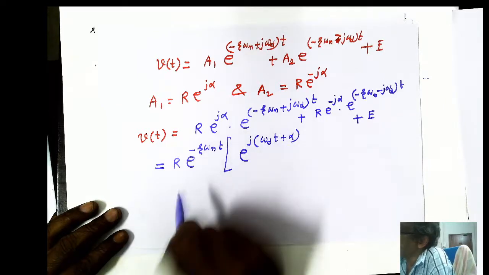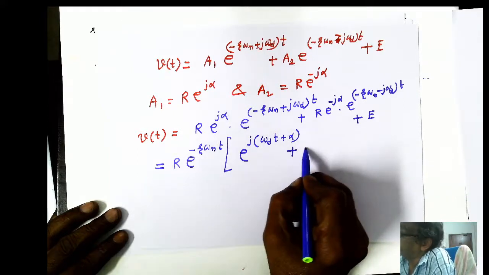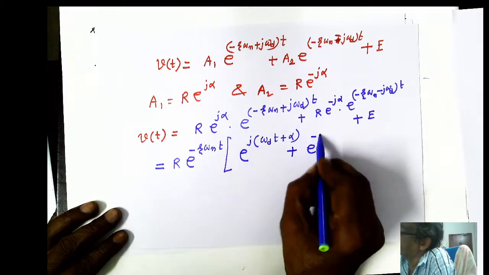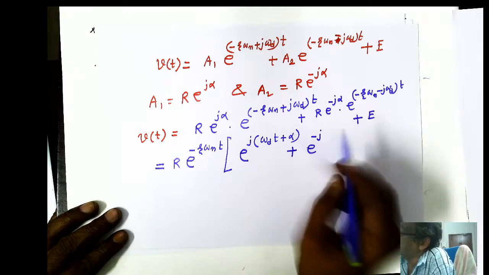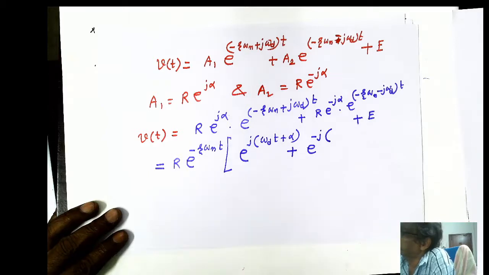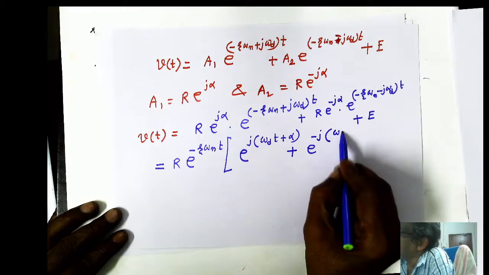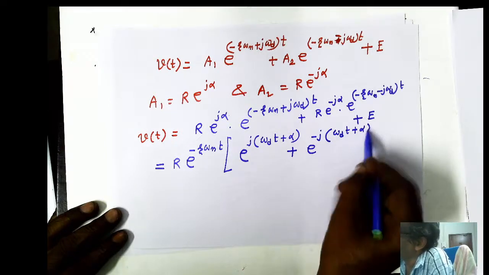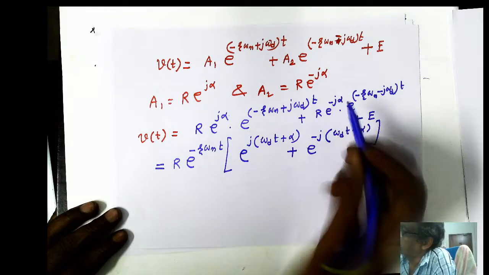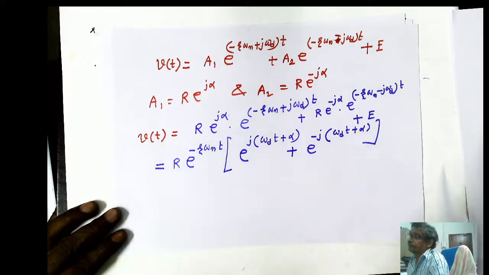Alpha has got no time, and this is plus e to the power minus j alpha I have taken out, and you will be left with omega d t plus once again alpha, that minus, this is also minus j omega d t, e to the power minus j alpha. So j can be taken common. So this will be the thing.